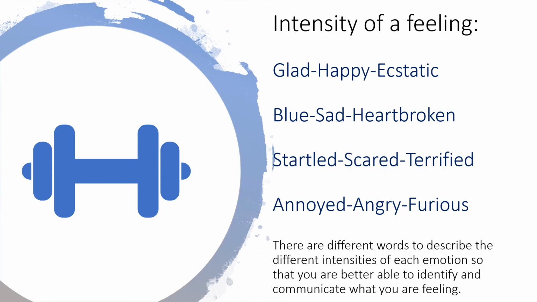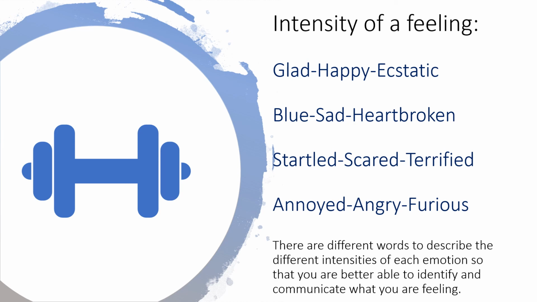Let's take a closer look at words that describe emotions. What do I mean by the intensity of a feeling? I mean the strength of the feeling. Very good. So an emotion can have different strengths. Depending on the situation, you may feel a different intensity of that feeling.